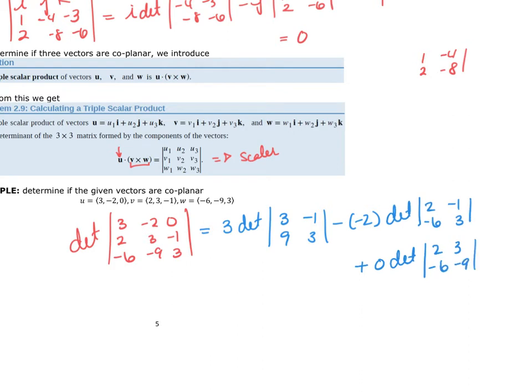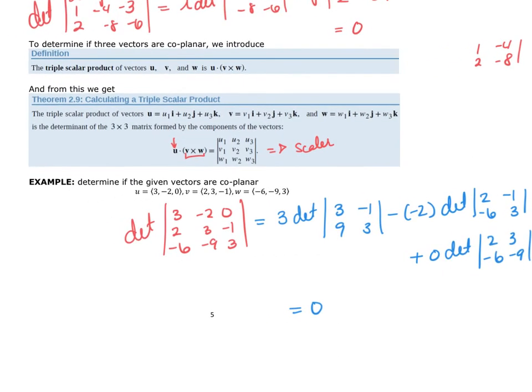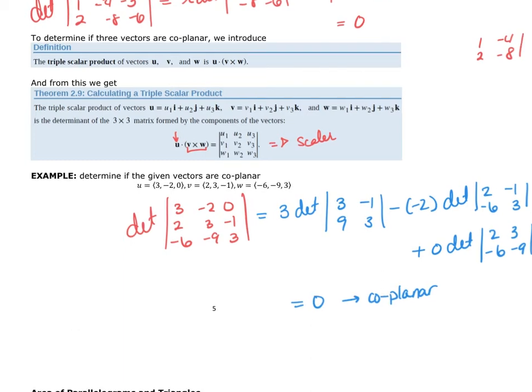Again, we love the 0 because that means that part is 0. Now, after doing the calculations, we end up with 0. If we end up with 0 when we are doing the triple scalar product, this tells me these are coplanar. That means they're all on the same plane.